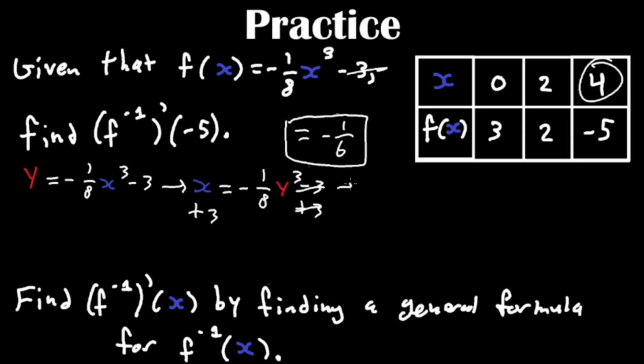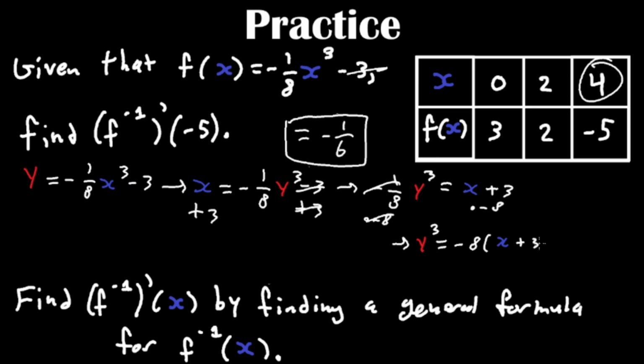And then what we'll get is negative 1/8 y cubed is equal to x plus 3. Now let's multiply both sides by negative 8 to get rid of this constant. We get that y cubed is equal to negative 8 times x plus 3.